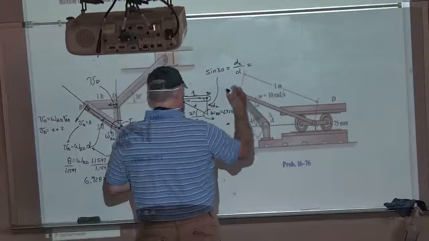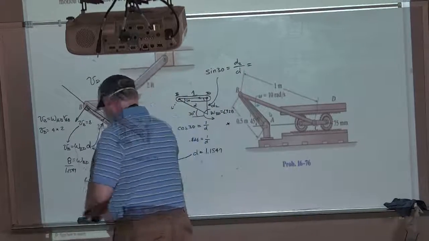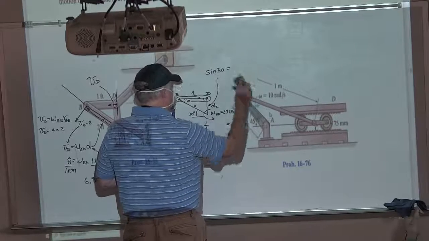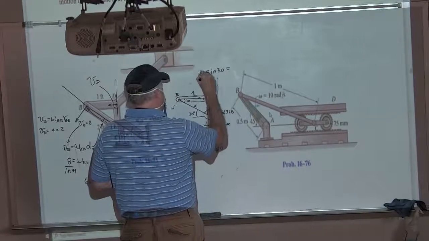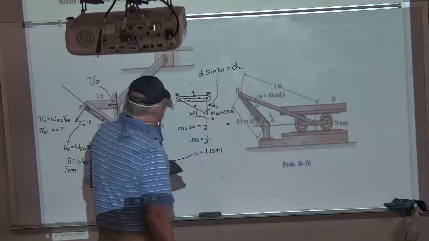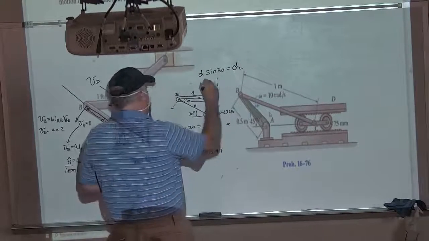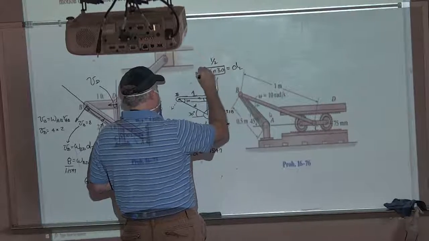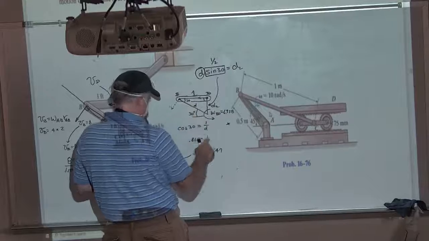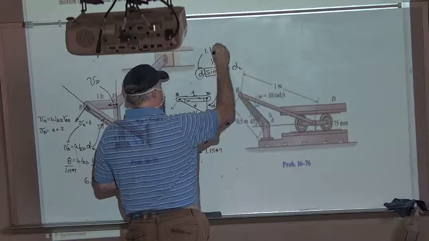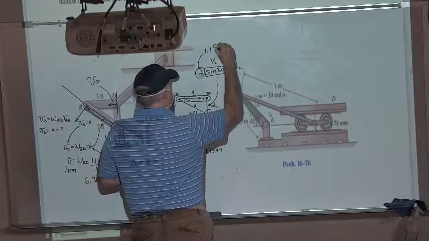So here's one way I could do this. Instead of putting an equal, I could multiply times D and end up with a D2, because that's what I'm looking for. Turns out this should be a half. And this is not a derivative, it's just the D term, which is 1.1547.